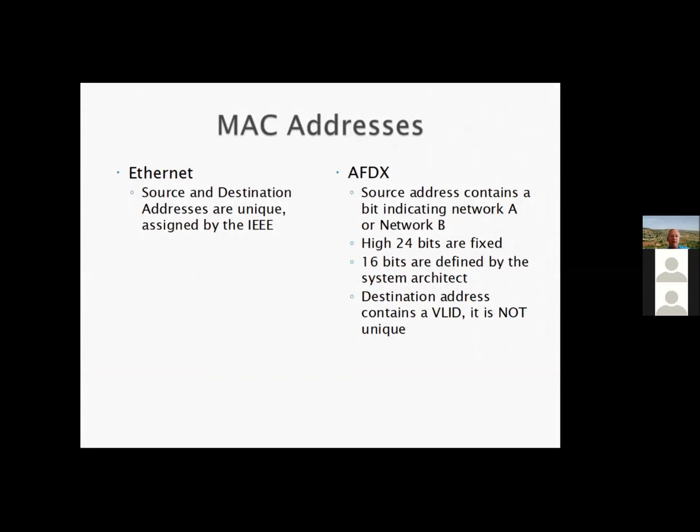Okay, so in standard Ethernet, the source and destination addresses are unique. In the MAC address, we said that the 48-bit address is different for every single card. Okay, well, how did that happen? It happened because there's an organization called the IEEE, and they own the MAC addresses, and they sell them to whoever wants to build NIC cards.